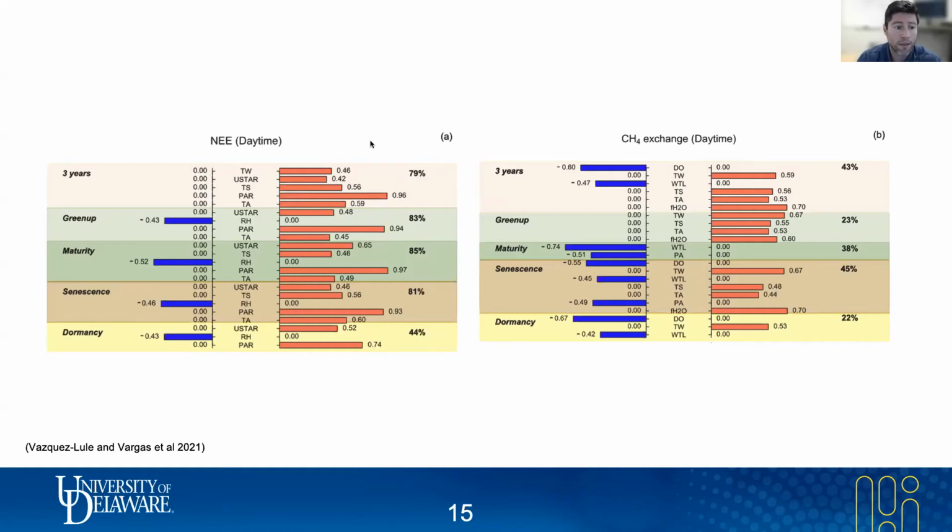We can explain 79% of the variability of CO2, but only 43% of the variability of methane. So modeling of methane is probably more complicated than we think. How we're going to incorporate this into process-based models is an open question and a frontier for prediction and for accounting.